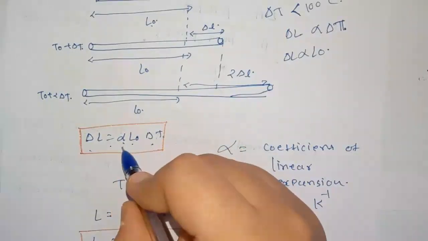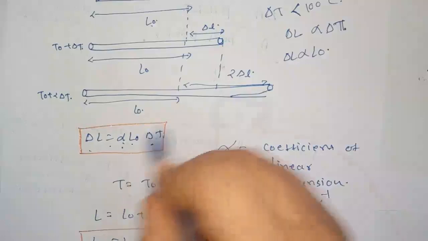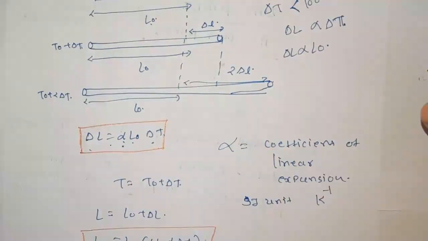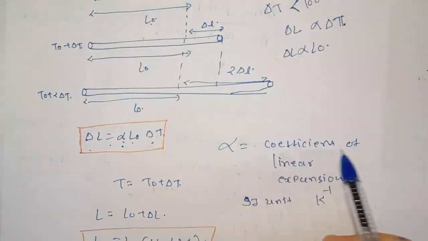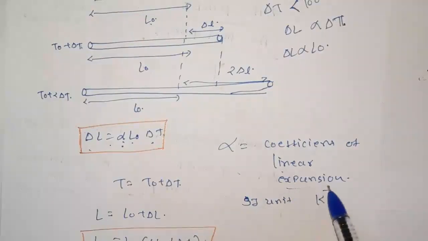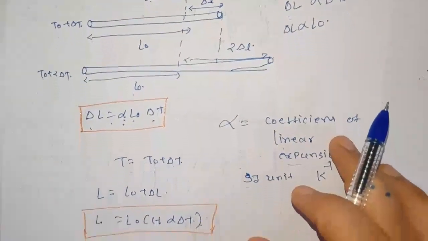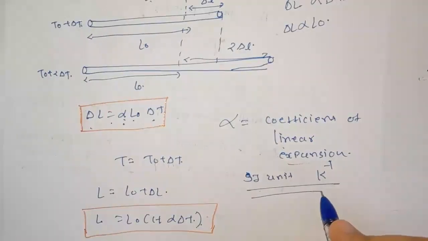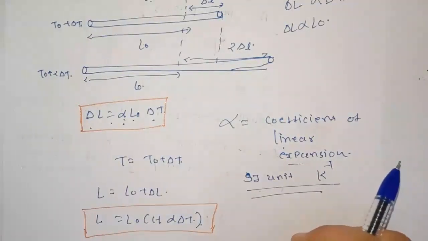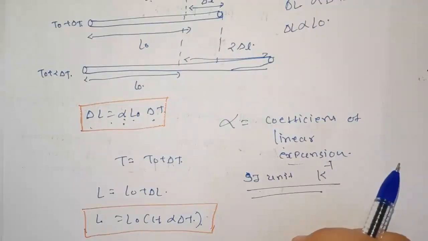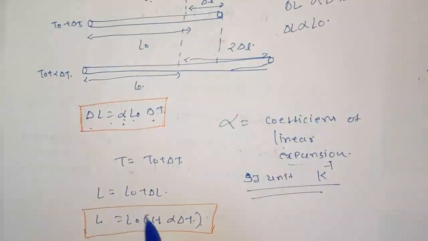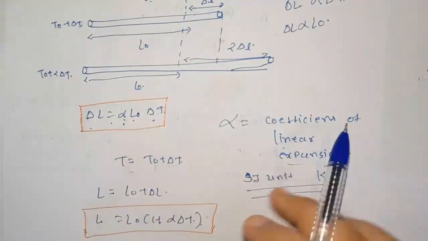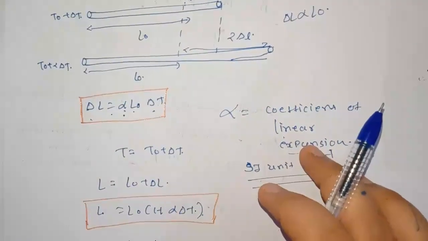Here alpha is the proportionality constant. It is called the coefficient of linear expansion. The SI unit of alpha is Kelvin inverse. This direct proportionality equation is not exact.